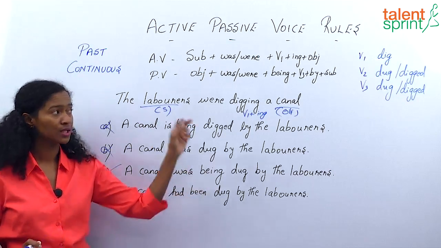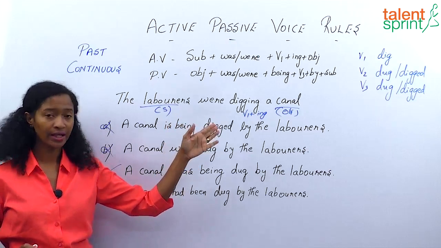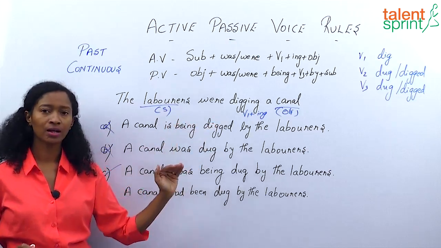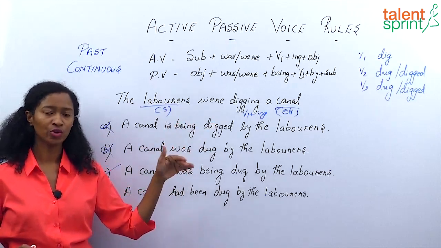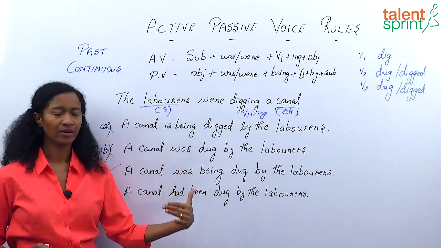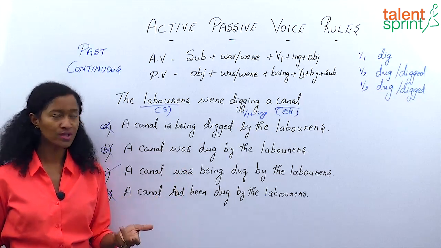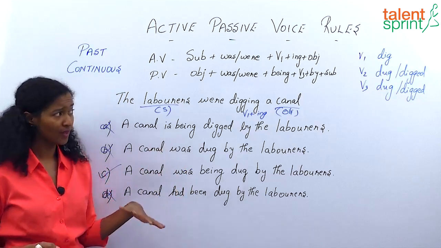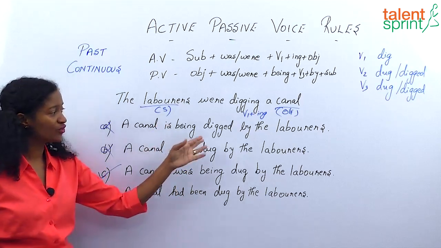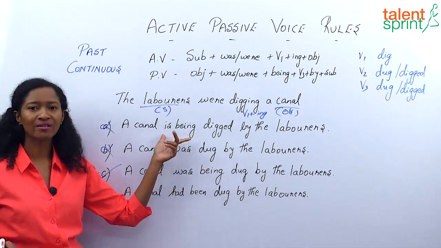If you notice the conjugation of the verb dig, I have dig, dug, dug, and sometimes you will also come across digged, D-I-G-G-E-D, right? But dug is what is commonly used. Dig, dug, dug. Okay, just so you know. So even if you have dig, don't get confused. Make sure that it is following the right form.